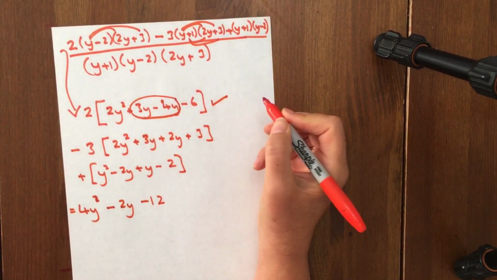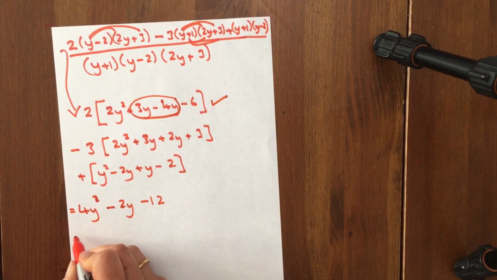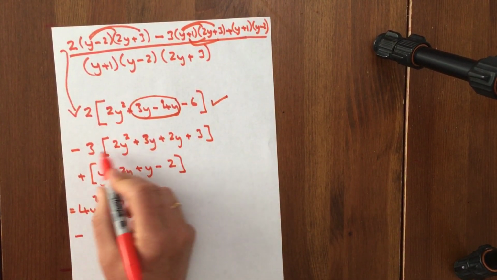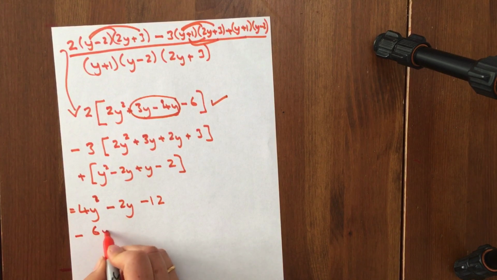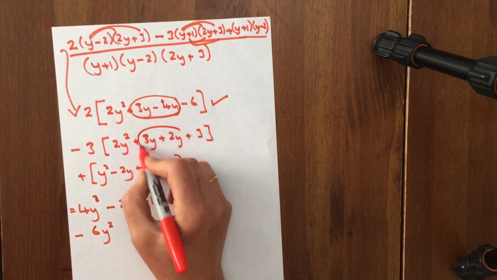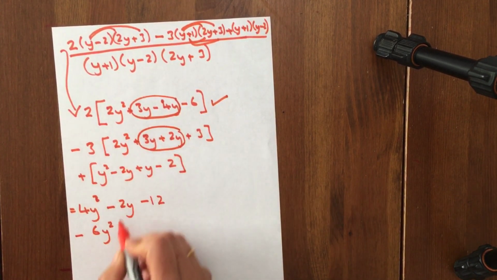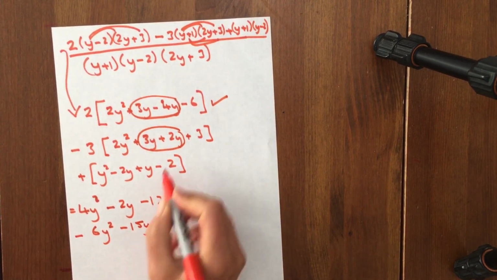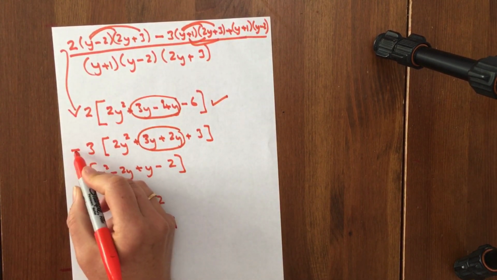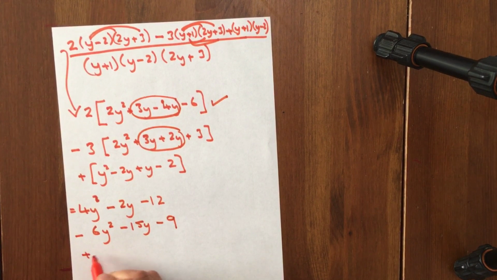So I've done that bracket. Okay, minus, going to multiply this out now, minus 6 lots of y squared. This makes 5y, so I've got minus 15y minus 9. Don't forget you're multiplying it with minus 3. Plus, I don't need to do any multiplying, just simplify the bracket.